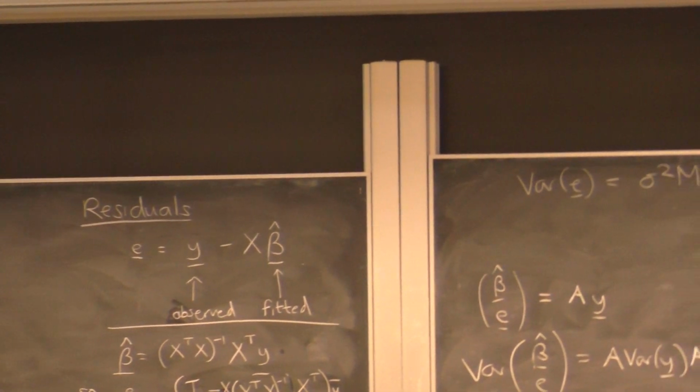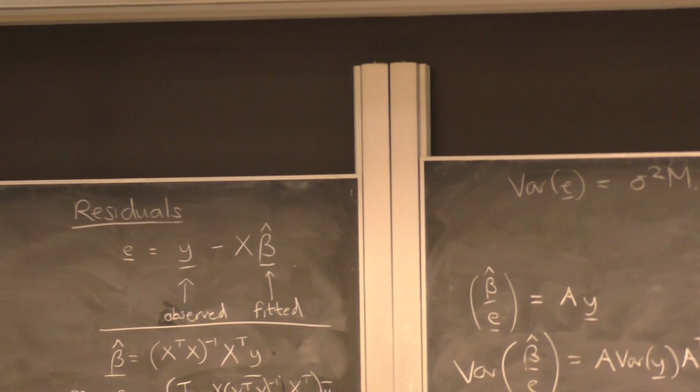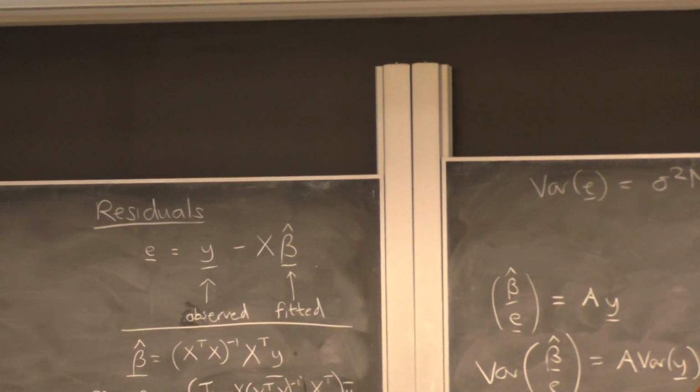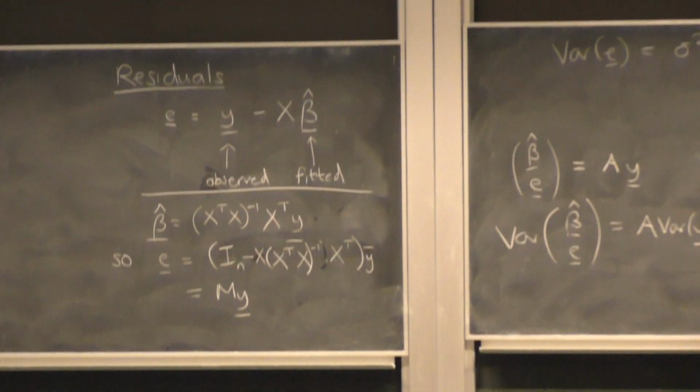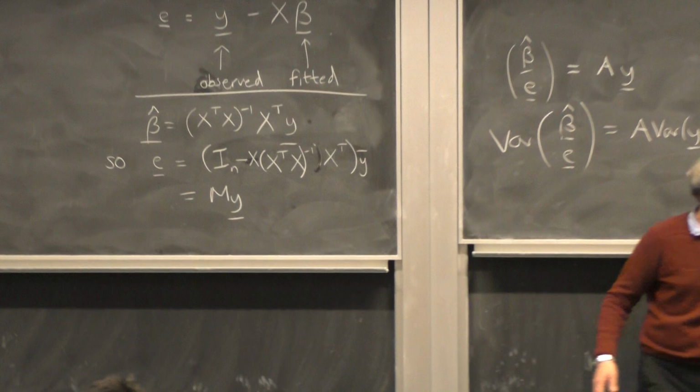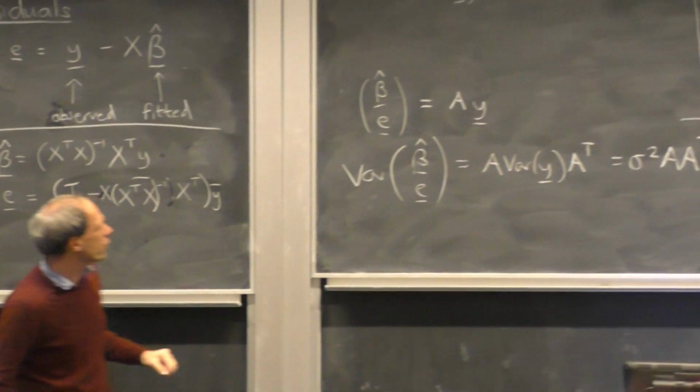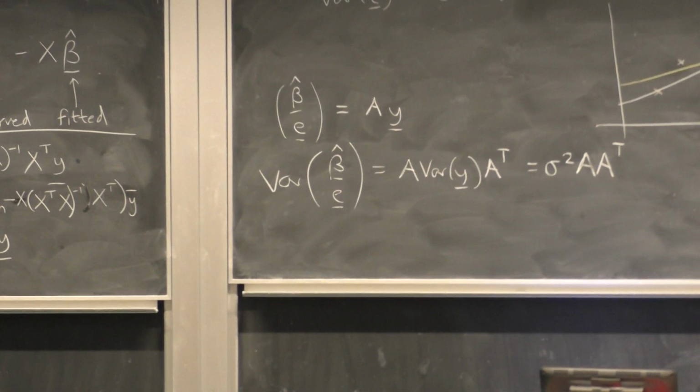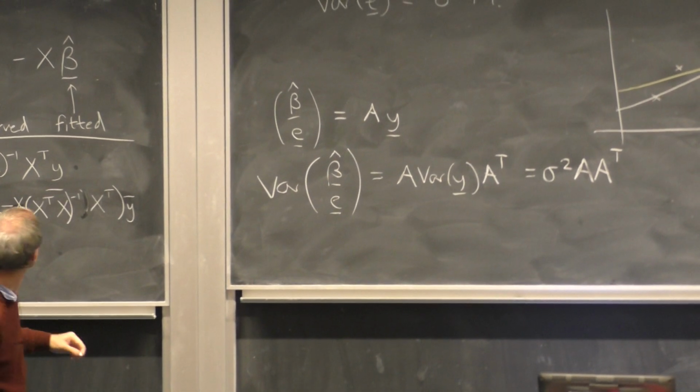Now the variance of y we know is sigma squared times the identity matrix. So this is actually sigma squared times A A transpose. That's again the identity matrix cancelling down.